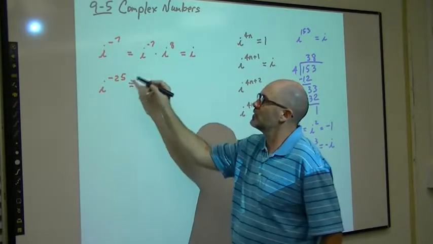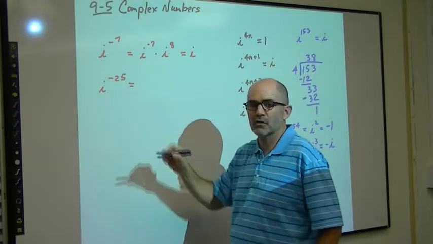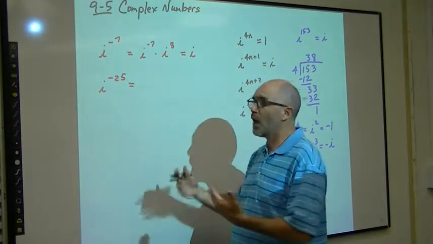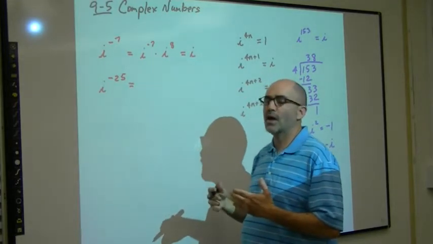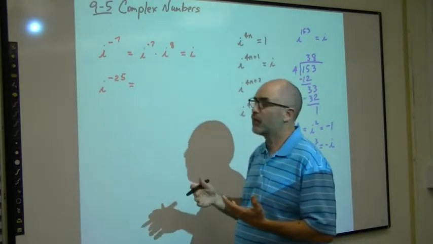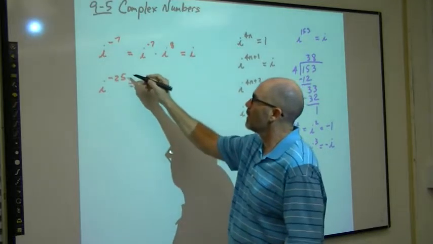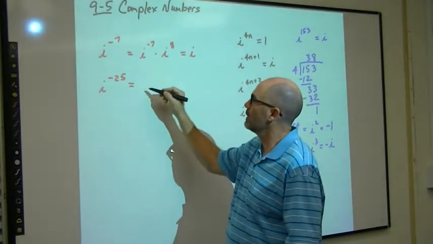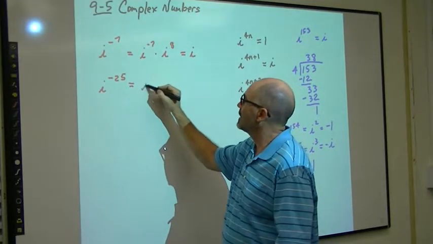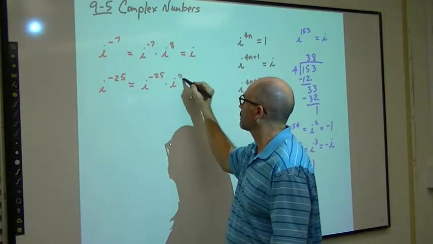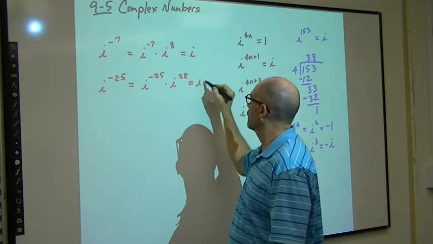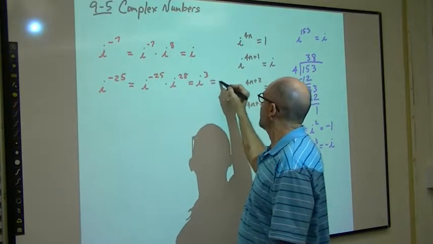I need to add something to negative 25 to get it positive, and it's got to be a multiple of 4. Now, I don't want to make it too big a multiple of 4, so I'm just going to say, what's the smallest multiple of 4 that I can get a positive? And that's going to be i to the 28th. So this ends up being negative i.